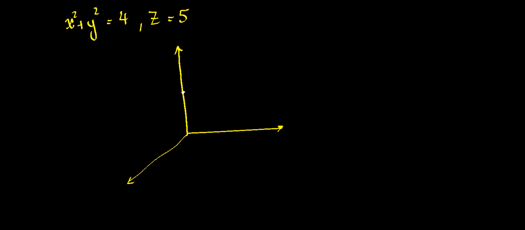So let's say this is the point where z is equal to 5. Then when z is equal to 5, we have a circle of radius 2. And this distance over here from this point to the origin is equal to 5. And that's it.